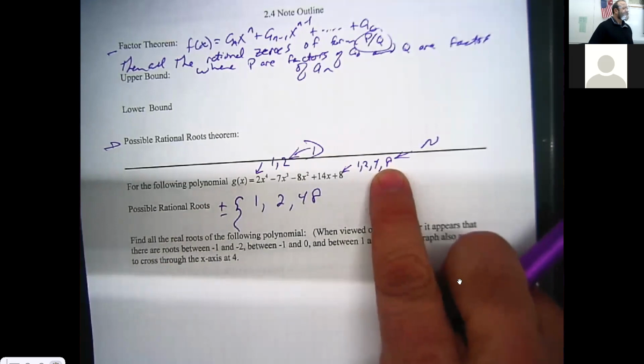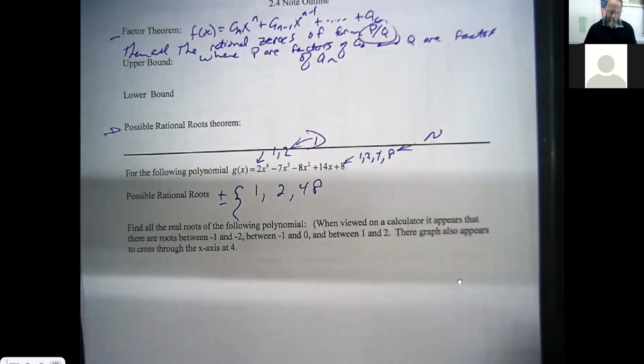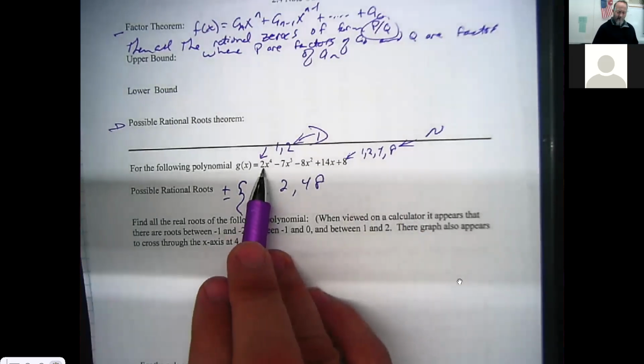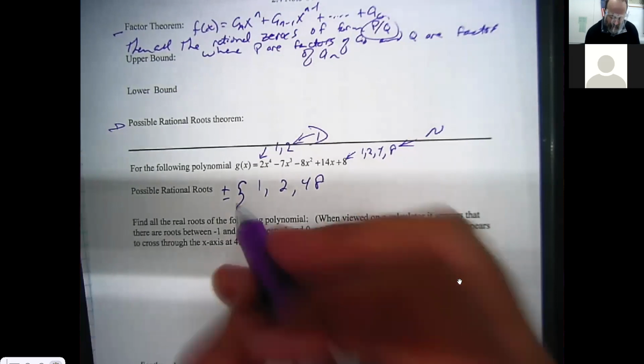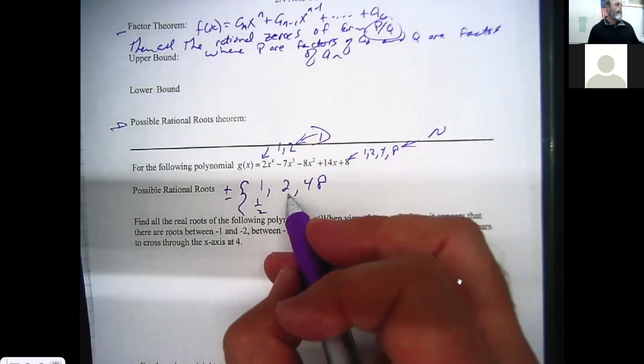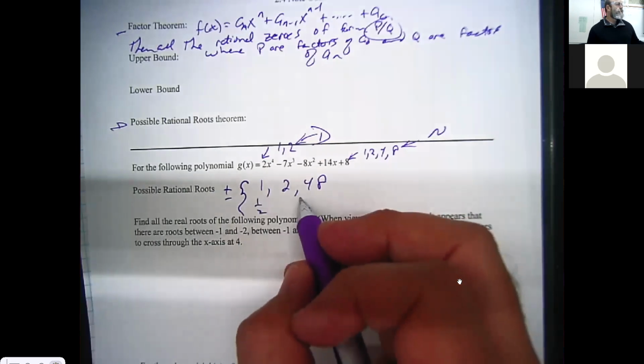I get 1, 2, 4, and 8. But what would happen if I divided all of these by 2? What else could I get? I'd get 1/2. I would get 2 halves, but what's 2 halves? 1. What is 4 halves? 2. And then 8 halves is 4.